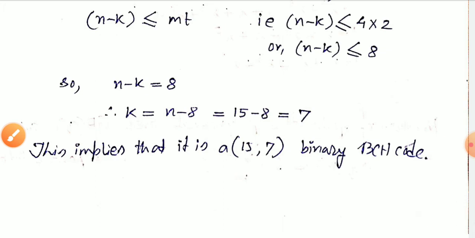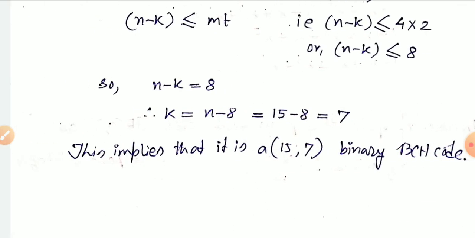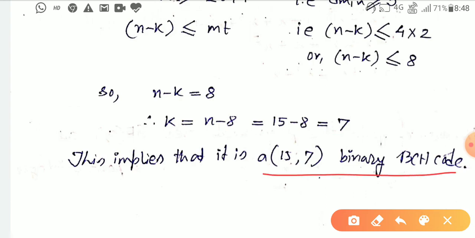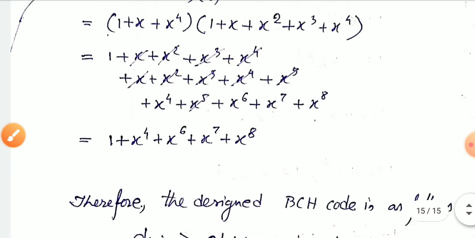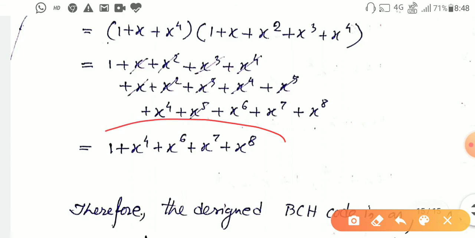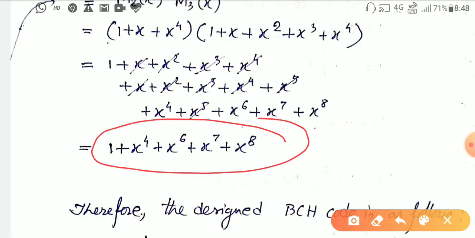From the conclusion we can say that we have a (15,7) binary BCH code, and for this binary BCH code the generator polynomial is 1 plus x^4 plus x^6 plus x^7 plus x^8.